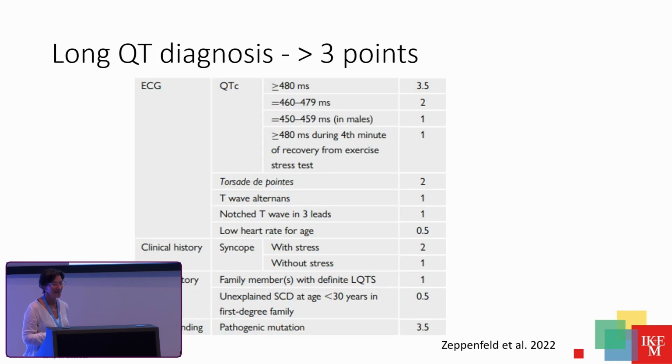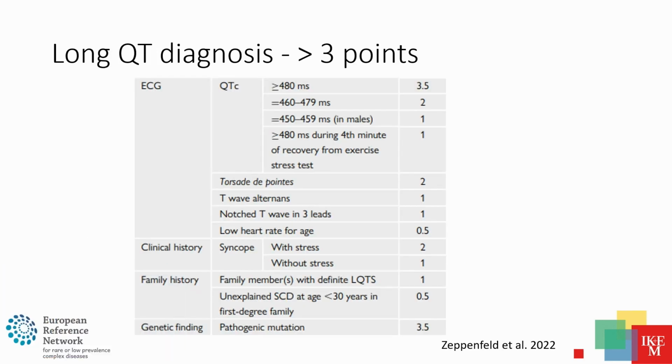First of all, long QT, as you all probably know, is characterized by a QTc prolongation over 480 milliseconds, or a genetic diagnosis of a pathogenic or likely pathogenic mutation in any of the known genes which cause the disease.